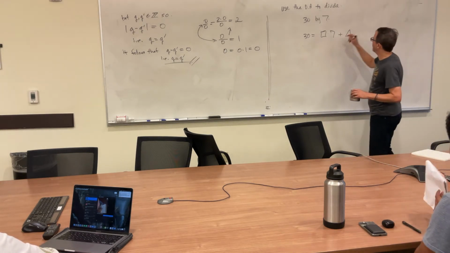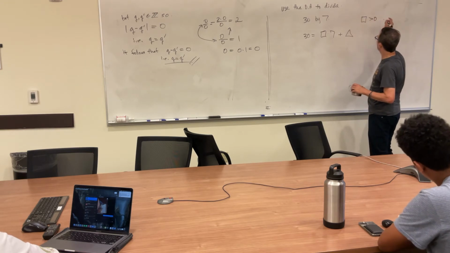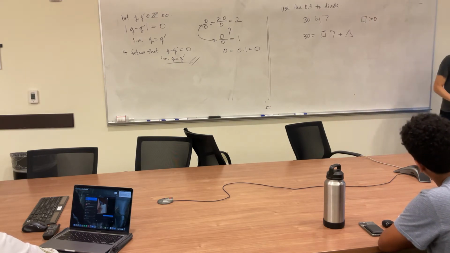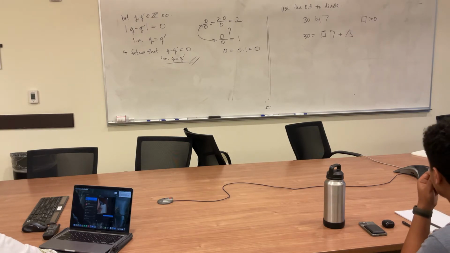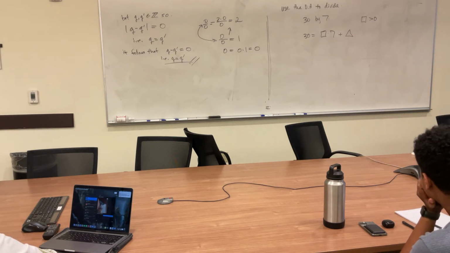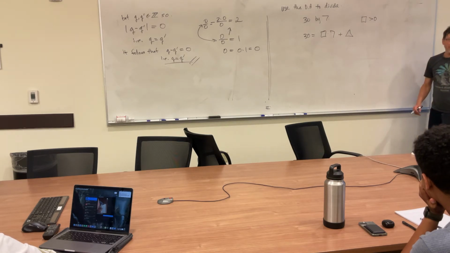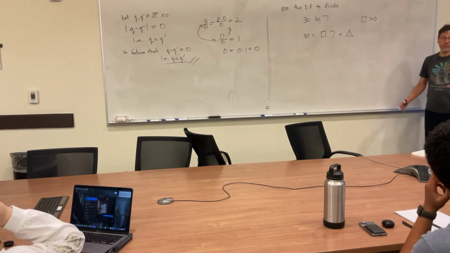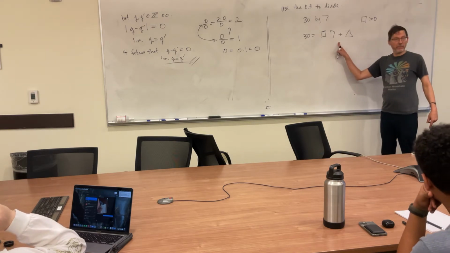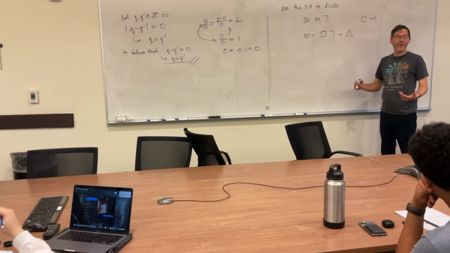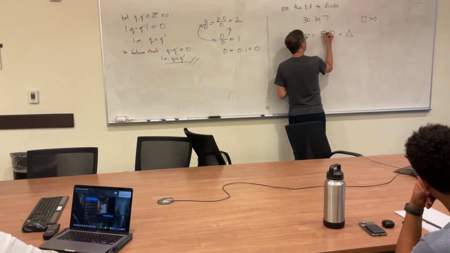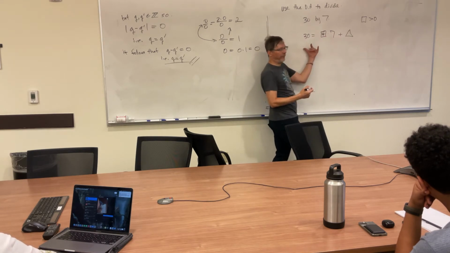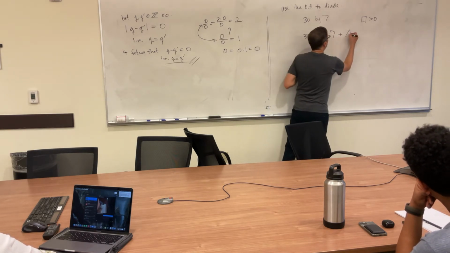Remember, this must be positive. 4 goes in the box, which gets you up to 28, and then 2 goes in the triangle. So we put a 4 in the box, the largest multiple of 7 that fits in 30, and then we put a 2 here. Awesome.